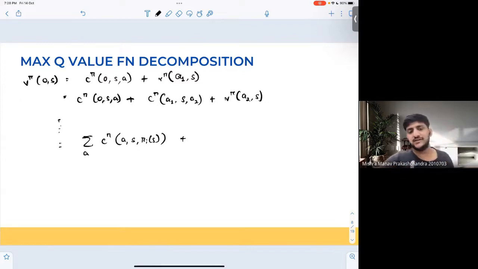It's the sum of all the completion functions that I have accumulated so far, plus basically the terminal reward that you get on encountering the primitive action. So this is nothing but my expected reward of s prime given a comma s.